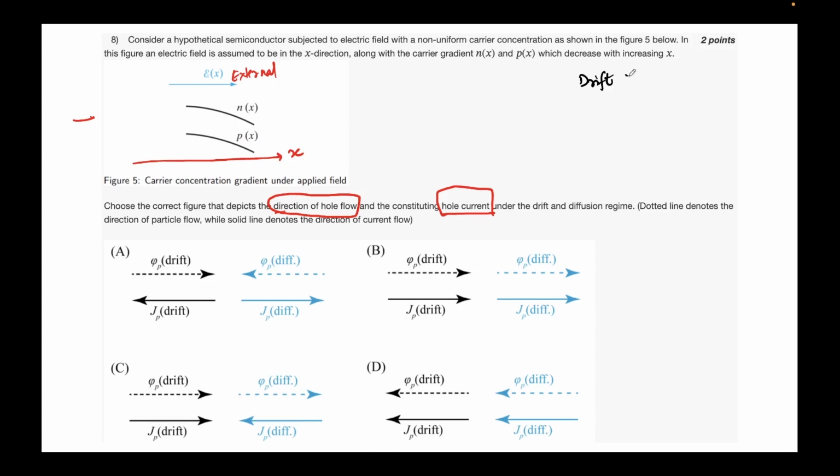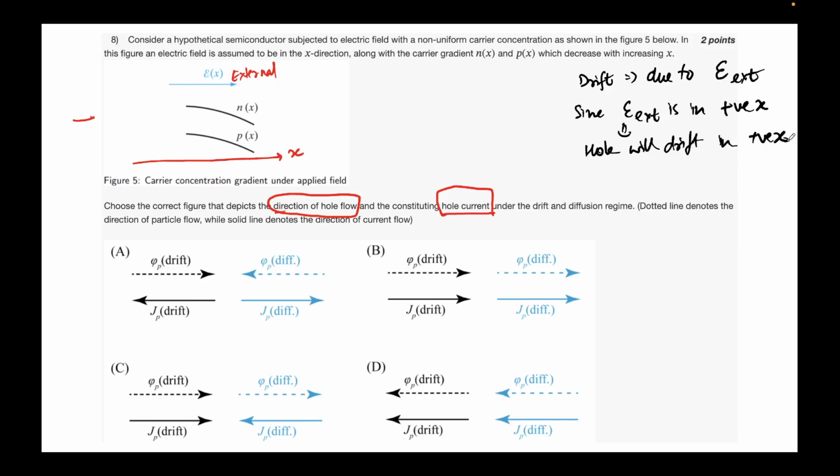So drift, we know, is due to E external, right? So E external here is in the positive x direction, and we are talking about holes here. So since E external is in positive x, this implies holes will drift in positive x.